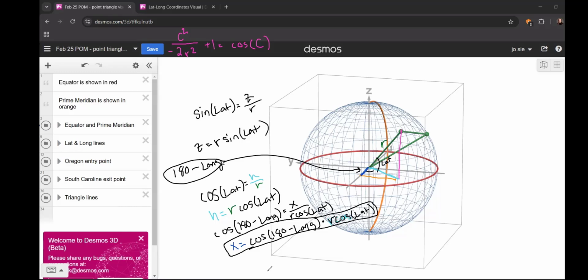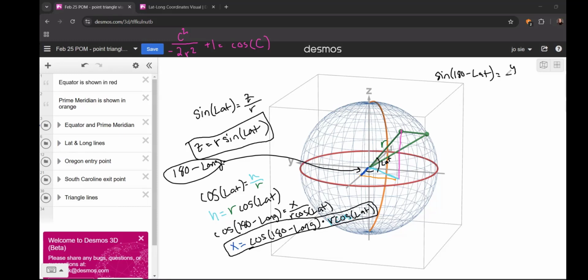So that would be our formula for x. Y is the opposite, so we're going to use sine instead of cosine. So sine of 180 minus the longitude equals y over h. And remember, h we found earlier: r cosine of the latitude. Whoops, I said latitude earlier, we're working with longitude now. Sorry about that.